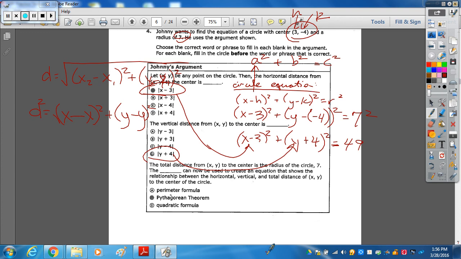So the last part says this: the blank can now be used to create the equation that shows the relationship between the horizontal, vertical, and total distance of x and h to the center of the circle, okay? Like I was saying before, I'll try to explain this a little better right here, okay? If you have a circle, consider that's a really nice circle. I know it's not, okay? If I go ahead and draw in the Pythagorean theorem here, this radius length, I draw it in here.